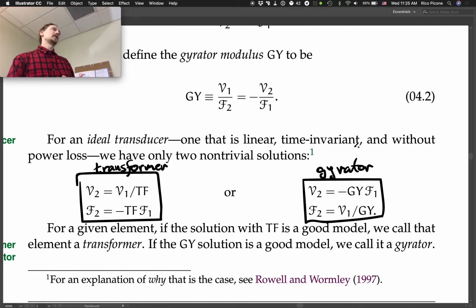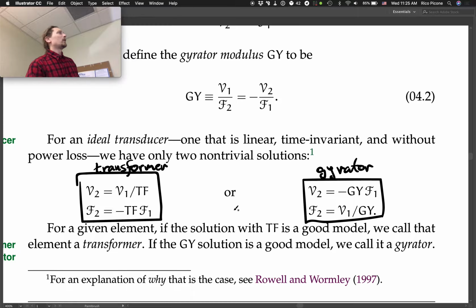It may not, in fact, be lossless. You might have some losses in your motor, for instance. We're talking a lot about losses in a motor and where they come from and how they affect performance, but losses are assumed in these models to be 0.